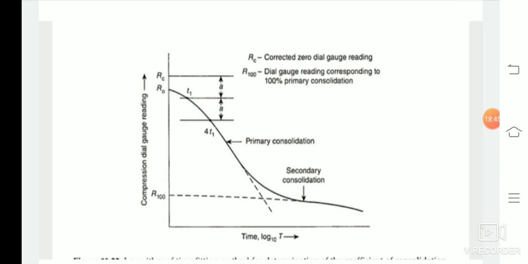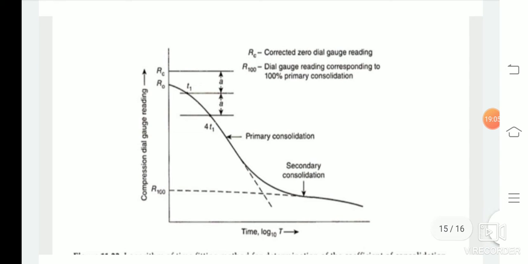The consolidation curve, log t versus r, consists of two straight line portions at each end with a curve joining the straight line ends. Extend the two straight line portions to intersect at point P. The abscissa or the x-coordinate of the point P gives the time corresponding to 100% consolidation, that is T100 on the log scale, and the ordinate gives R100.